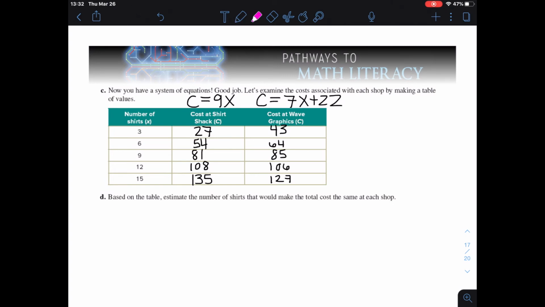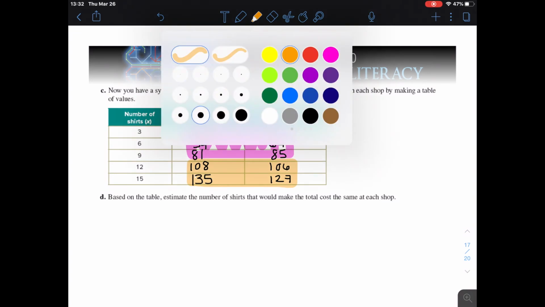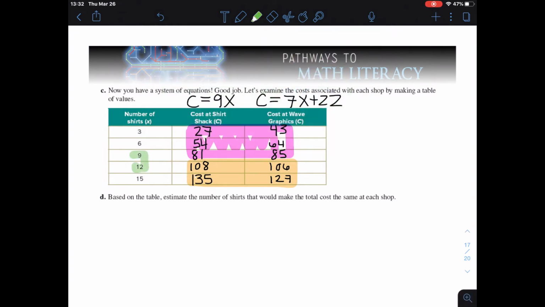So originally, for these values, the Shirt Shack is going to be cheaper. However, from this point onward, it's going to be cheaper to go with Wave Graphics. So at some point between 9 and 12, that switch happens.